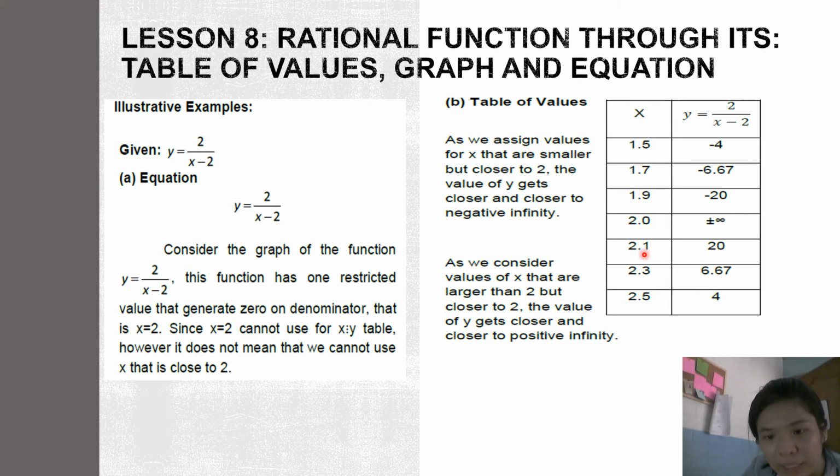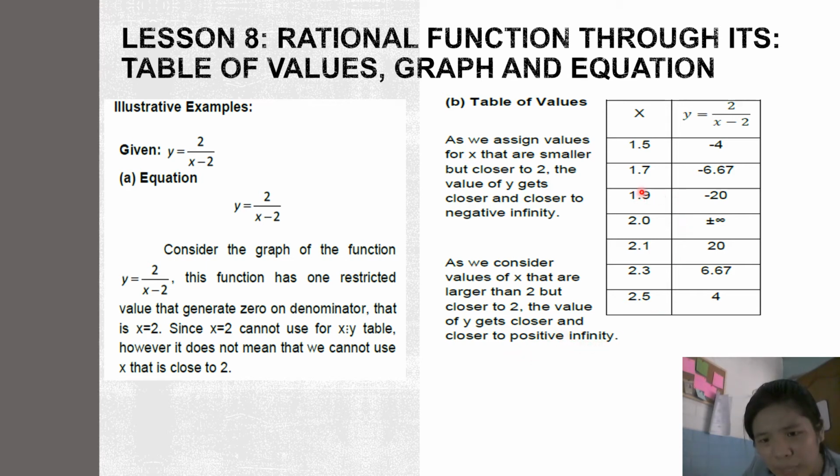If we assign 2.0000001, our answer is closer to positive infinity. So, it gets closer and closer to positive infinity.